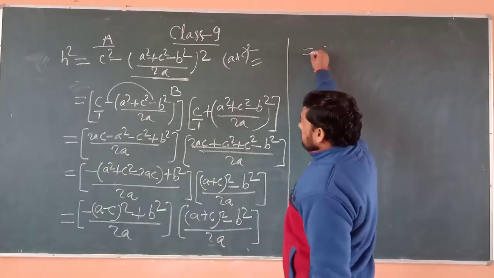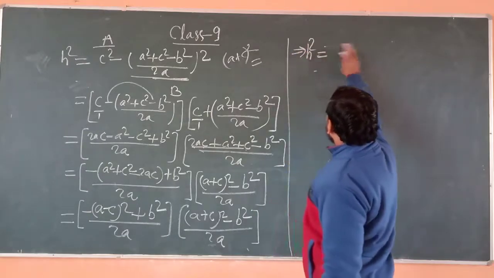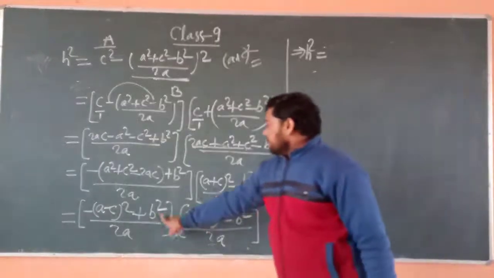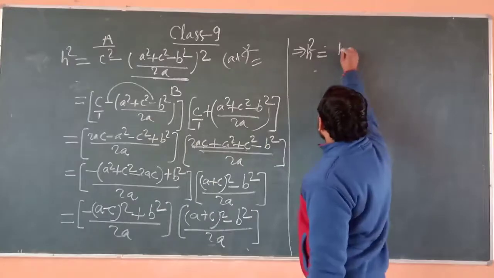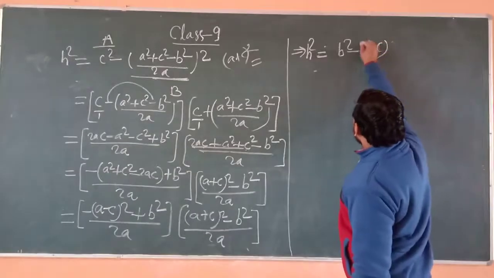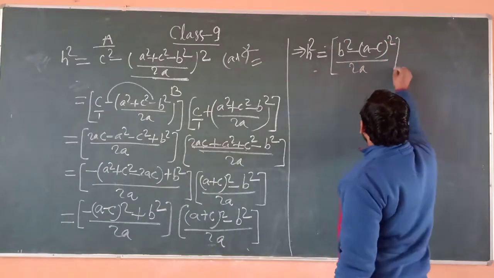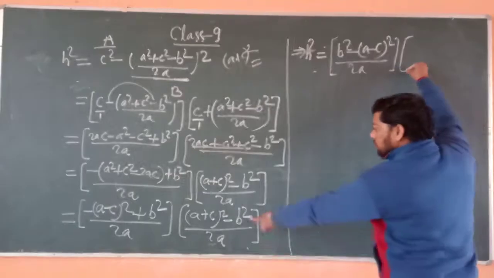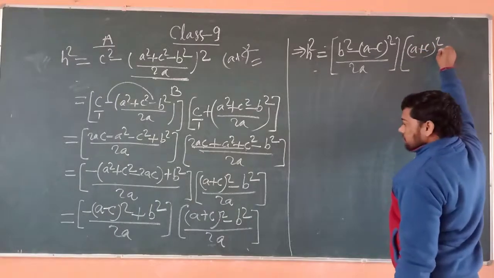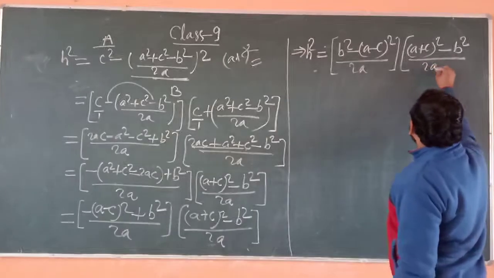H square is equal to b square minus (a minus c) whole square upon 2a into (a plus c) whole square minus b square upon 2a.